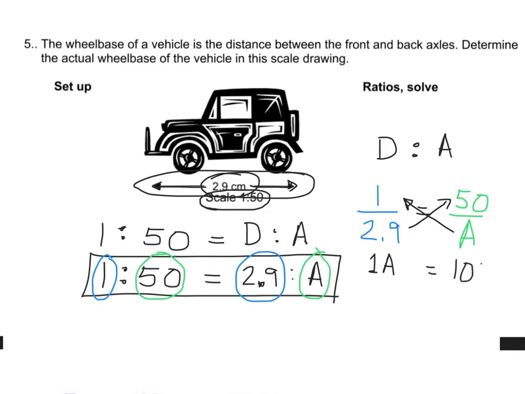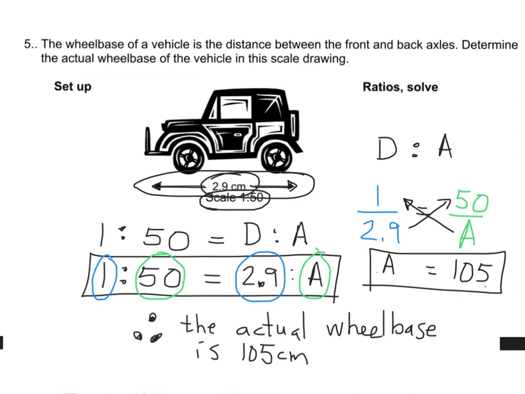So 1A is equal to 105. I'm not going to divide both sides by 1. I mean, we should know that 1A is just A. A times 1 is just A. So A is equal to 105. So therefore, the actual wheelbase is 105 centimeters.